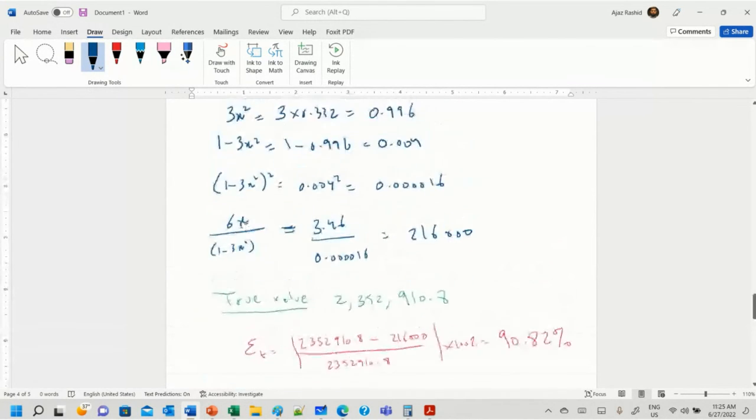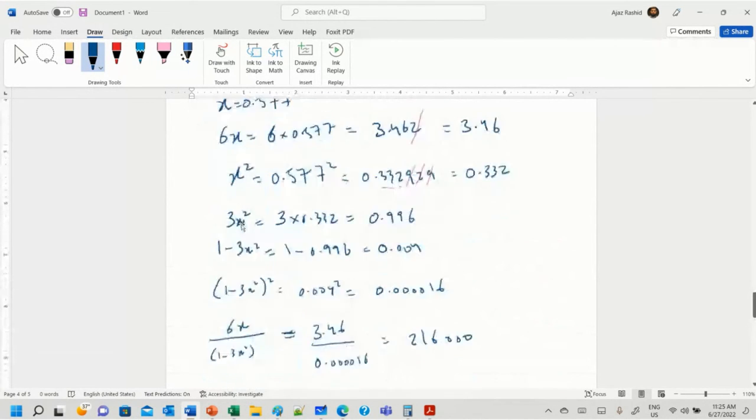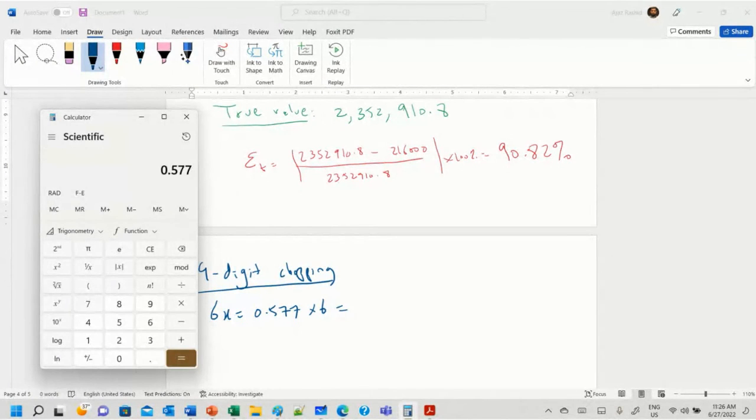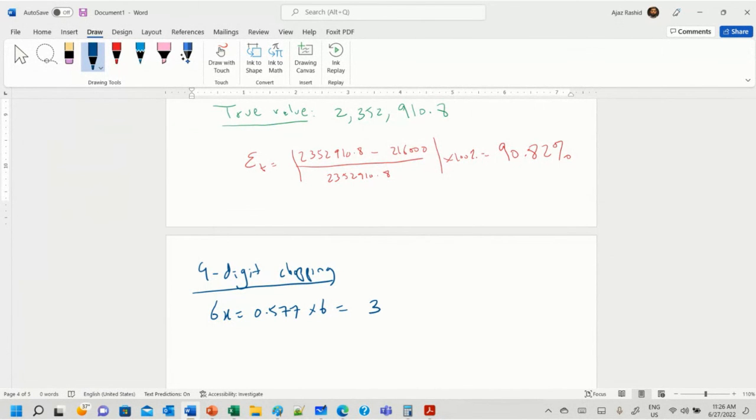I'll repeat the calculation same as before. I'll find 6x, which is 0.577 times 6. It's 3.462.